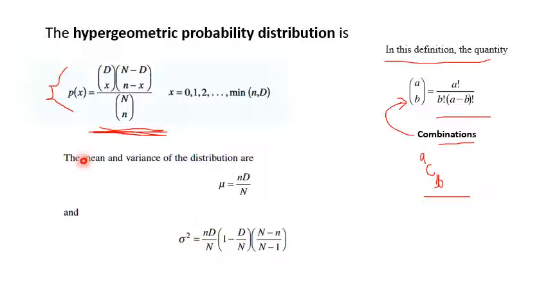And the mean and the variance formulas of the distribution are these, but in this question we are going to use only this formula and this formula. So in the combination formula a combination b, a is the number of things to choose from and we choose b of them.